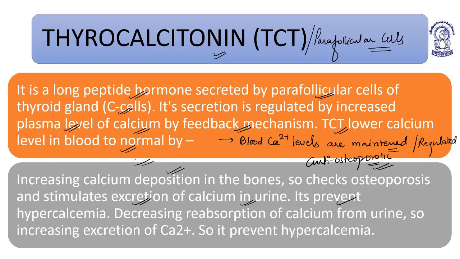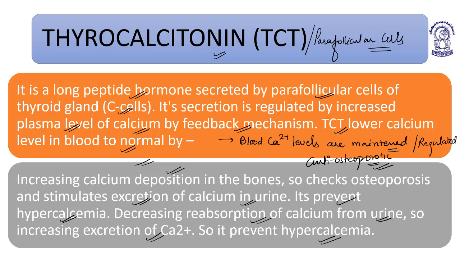It prevents hypercalcemia, high amounts of calcium in blood, by decreasing reabsorption of calcium from urine. It helps to excrete more calcium without it being reabsorbed from urinary tubules. So it prevents hypercalcemia. This is the function of thyrocalcitonin, which is secreted from parafollicular cells.